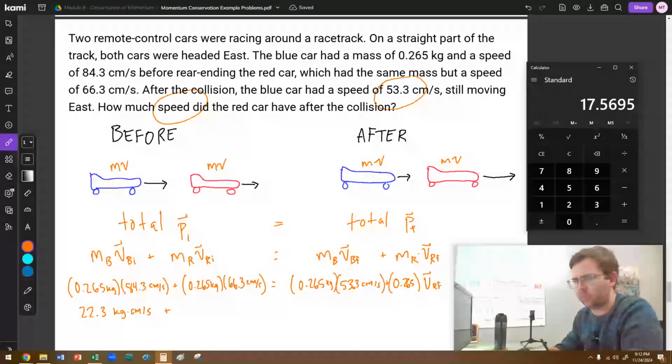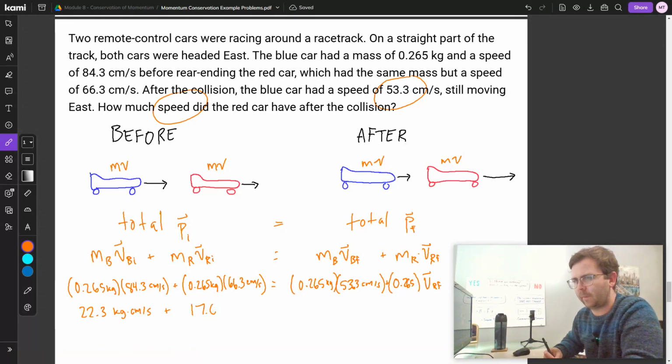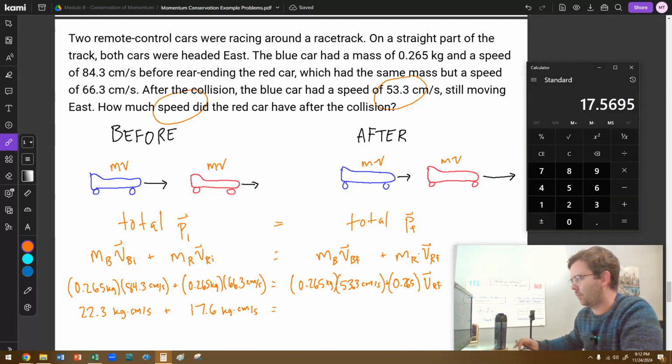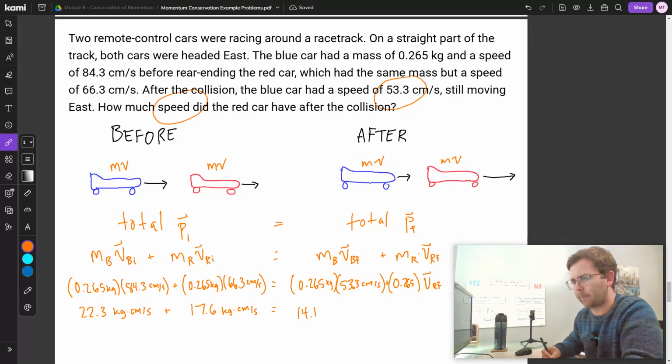We're going to round that to 3 significant figures, since that's the amount that we started with, and we're multiplying. Now for the after, 0.265 times 53.3, 14.1. And then, of course, we don't do anything with this quantity quite yet.